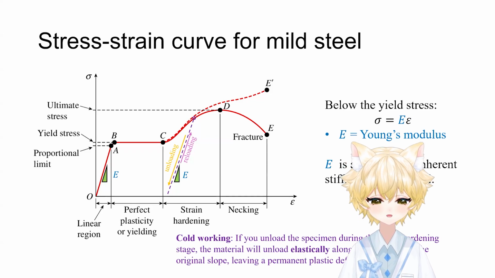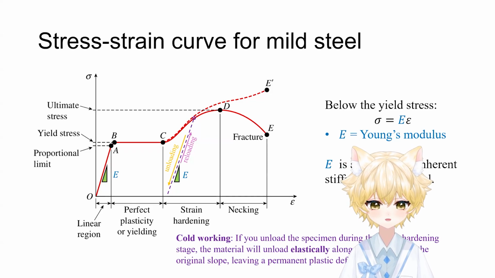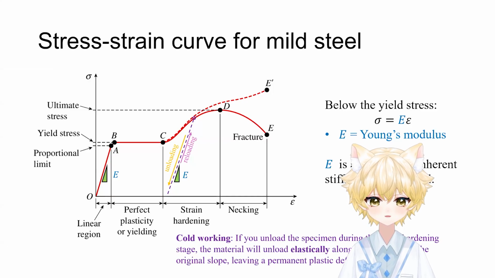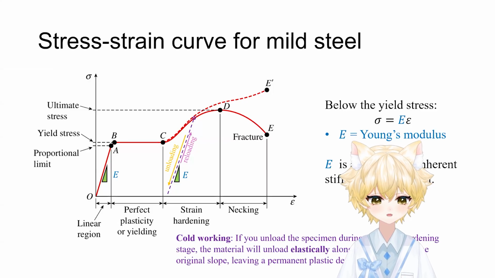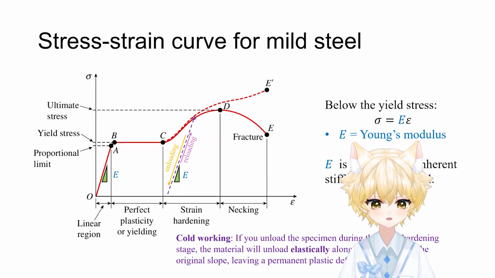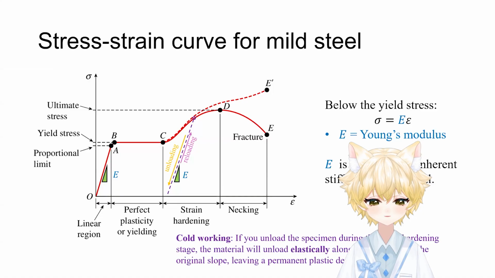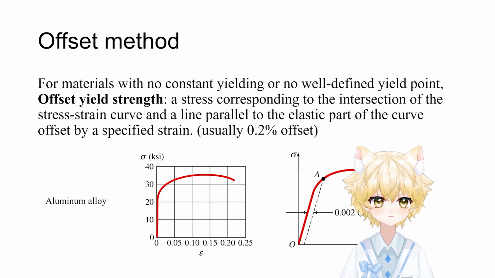However, in this class, we stick to nominal stress. That means we're using the original area. Why? Because we assume small deformations. In that range, the change in area is negligible, so nominal stress is accurate enough for our design needs.